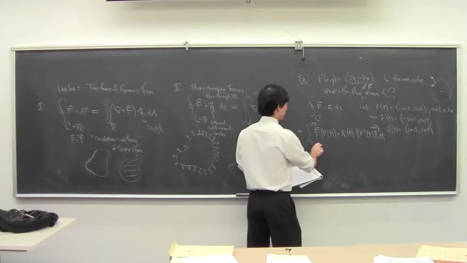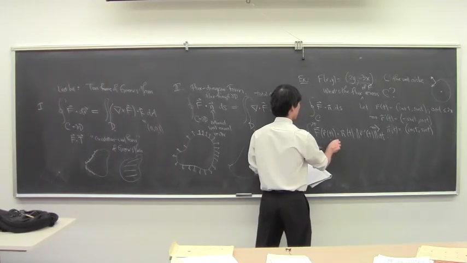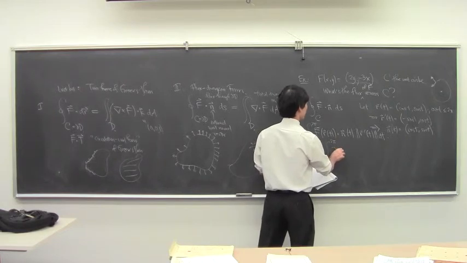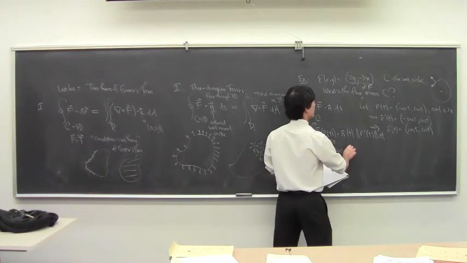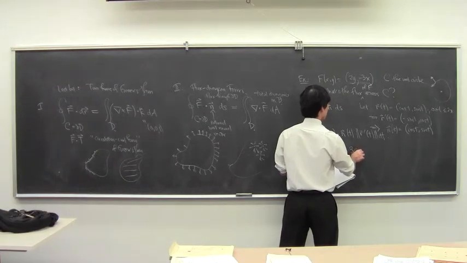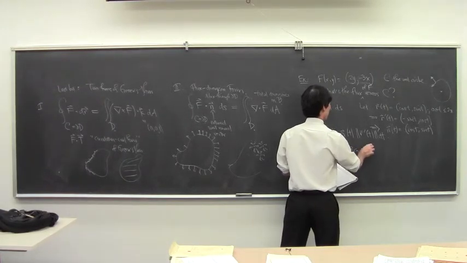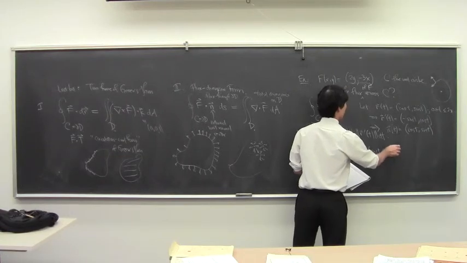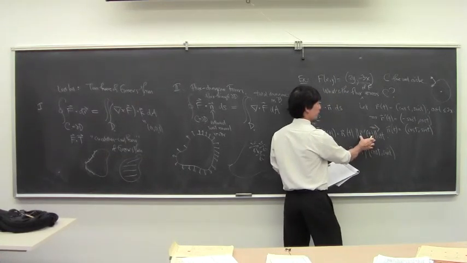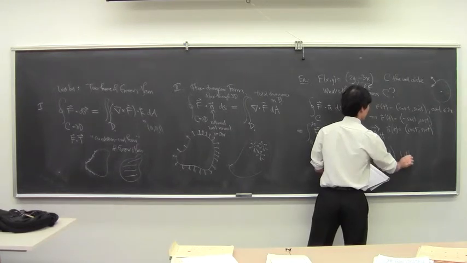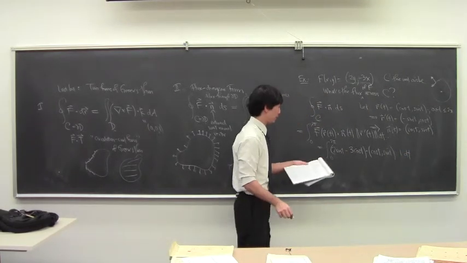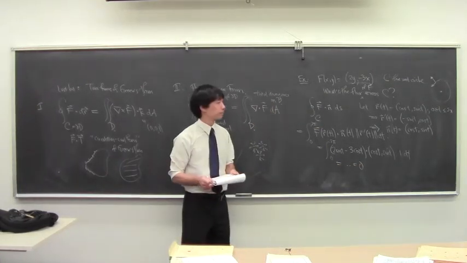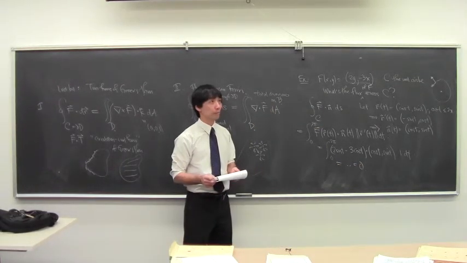Which works out to be my function, 2y, minus 3x, dotted against cosine t, sine t, times the magnitude of r prime, but that's just 1, dt. And you work it out, it turns out to be 0.